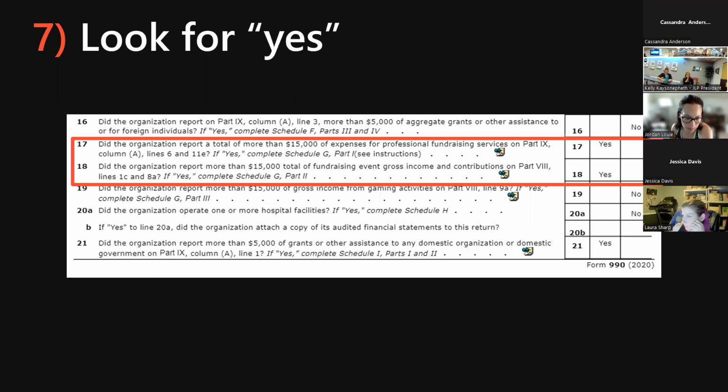So I've got Aunt Rita's Foundation, which is an HIV/AIDS type organization in Phoenix, and they said yes to over 15,000. And I scrolled way down to the bottom to Schedule G, and it was actually really interesting because most of what their organization is known for is doing like 3 or 4 big events a year, and the numbers that they're reporting are like net $360,000 in fundraising. So I didn't realize they were that big.